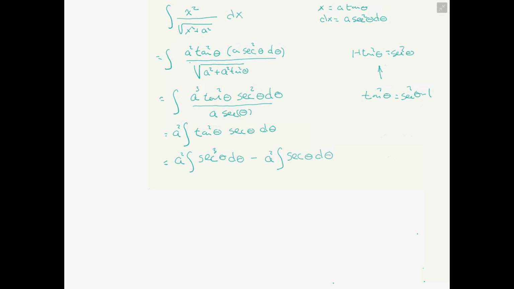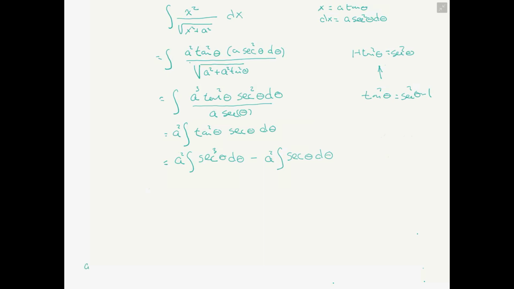So this ends up being minus a, so that's plus 2. Everything is divided. So that's secant to the third. Now let's make this little note down here.